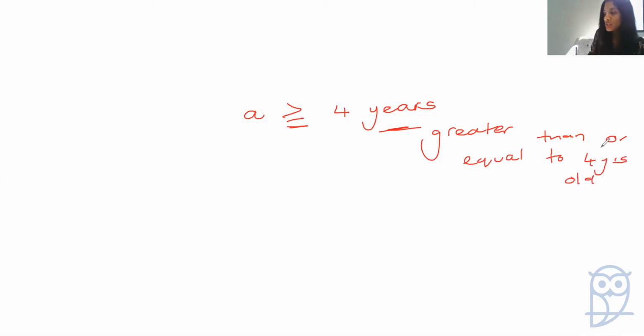Now that is to work out the greater than. What if we do these? I'm going to show you the following pairs of inequalities.